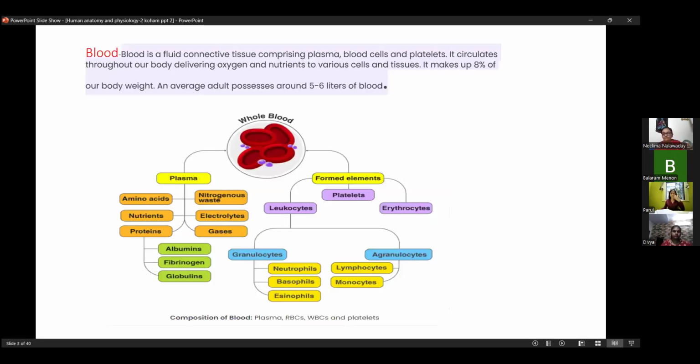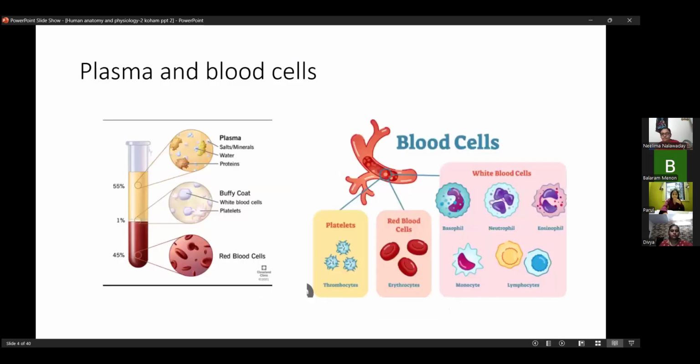Components of blood. If you see blood in the lab, when they collect blood for blood investigations, it looks like this. This red, thick part looks like this because of the saturation of red blood cells.